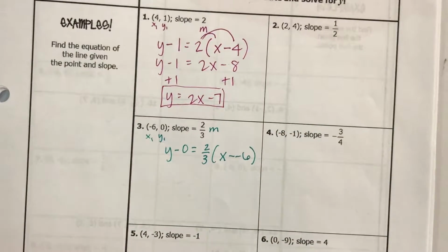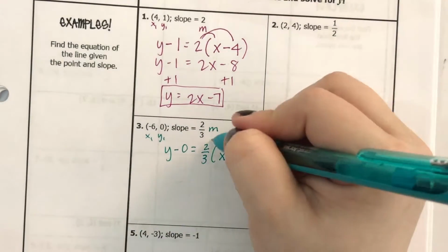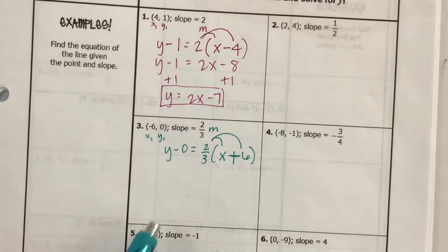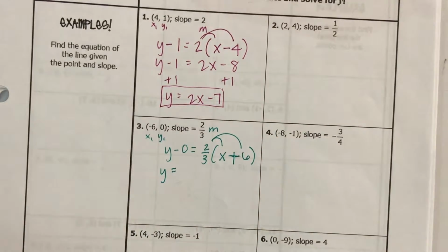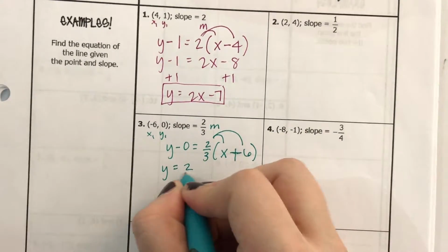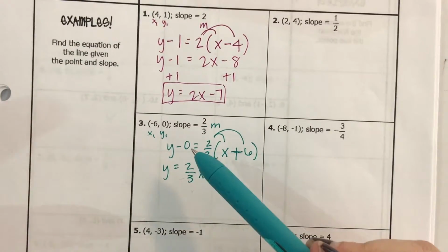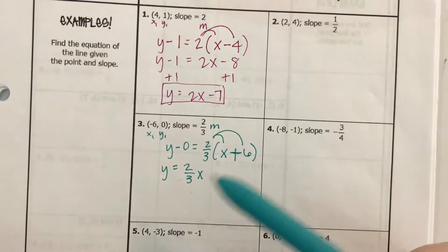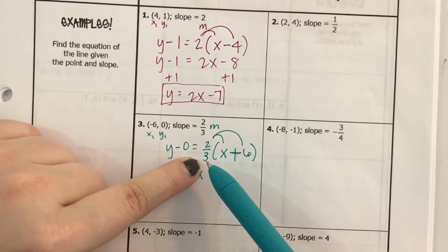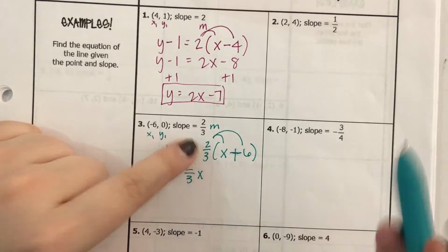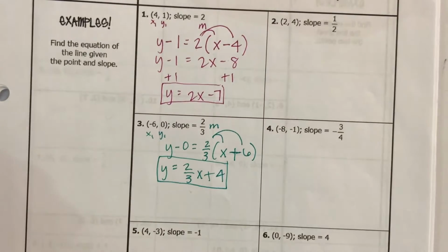So minus turns into a plus. I'm going to distribute this 2/3. y minus 0 is just y, so that's easy. 2/3 times x is 2/3 x. Here's the trick when you're multiplying a whole number by a fraction: you're going to divide and then multiply. So 6 divided by 3 is 2. 2 times 2 is 4. And that's it for that.